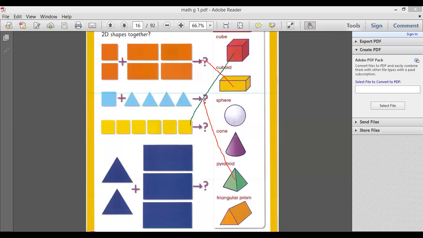Okay, after pyramid, what shape is made with two triangles and three rectangles? Triangular prism is made by adding two triangles and three rectangles. Okay, did you understand, boys?